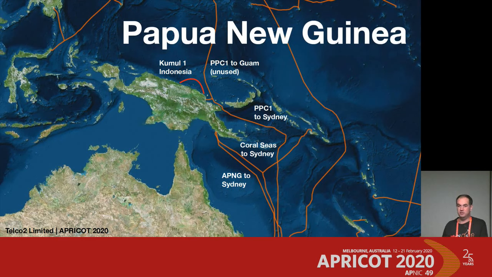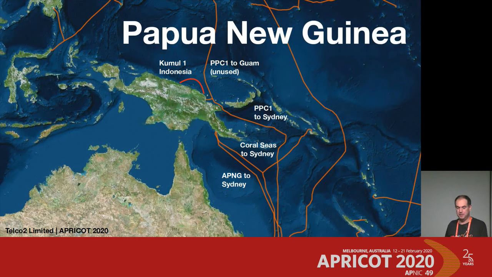You can see Coral Seas as a Y. It branches to Solomon Islands, but the way they've structured this cable is there's one fiber pair that goes to PNG and one fiber pair that goes to Solomon Islands, and no fiber pairs that goes from Solomon Islands to PNG, sadly.